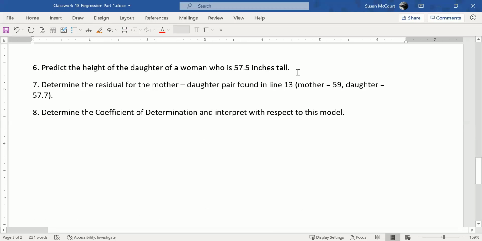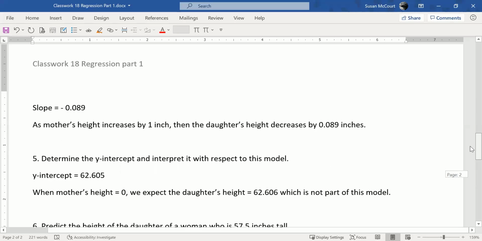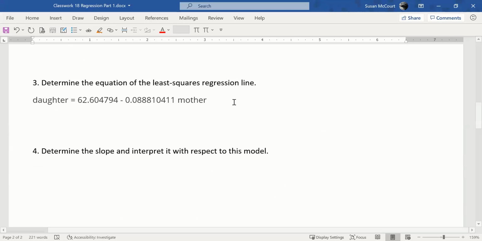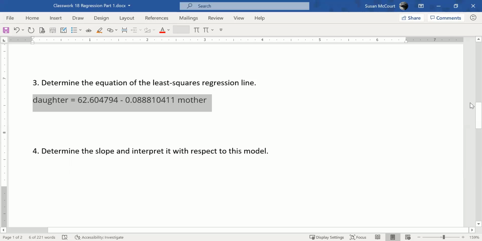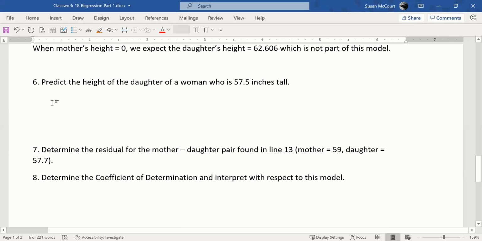Predict the height of a daughter of a woman who's 57.5 inches tall. I'm going to go up and grab that line equation and use it down here. Oops, get the whole thing. That's what this line is good for, predicting.